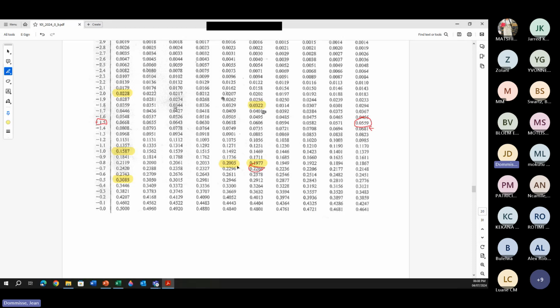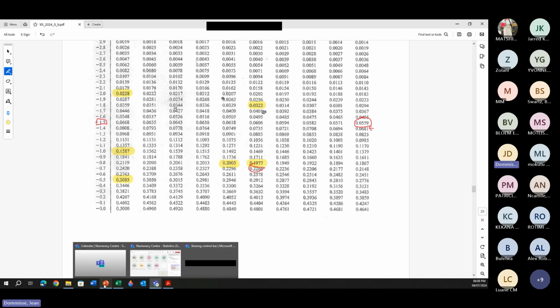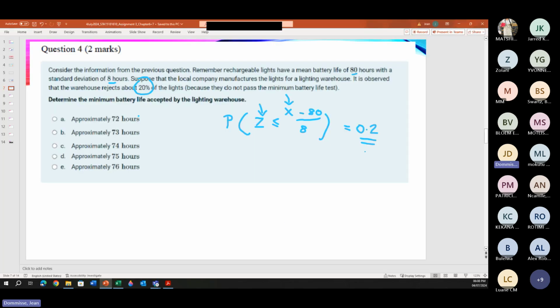Yeah, so that one is the closest, 0.84. So let's see if that actually will work. So Z was minus 0.84. So let's just say it's equal to X minus 80 divided by 8.